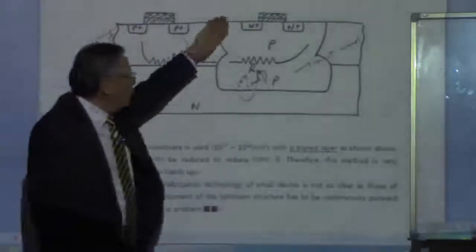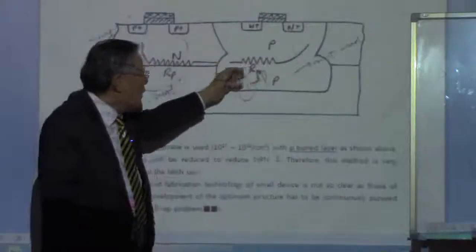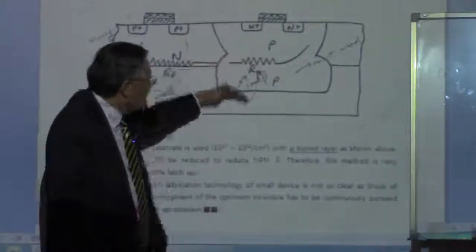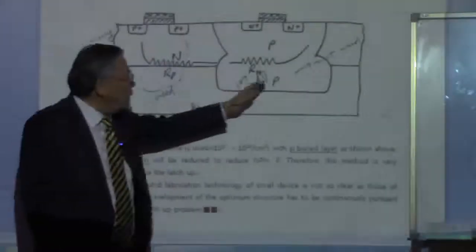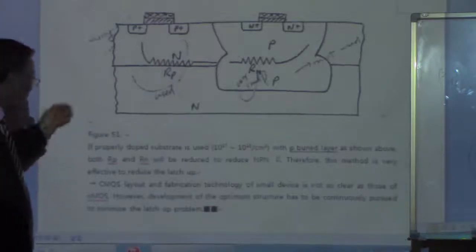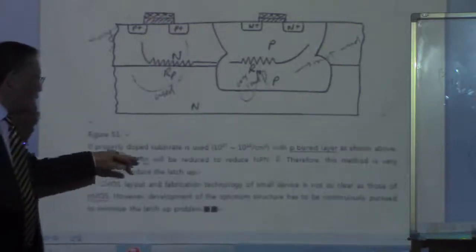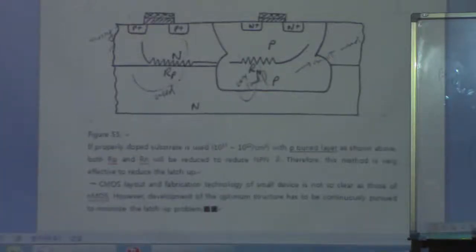And then we do the P implantation on this to make a well, and the P is going to punch through this to the substrate to make this configuration. And if you do that, if a properly doped substrate is used, 10^17 to 10^18, with a P buried layer as shown above, both the resistances Rp and Rn will be reduced because of this high doping level.